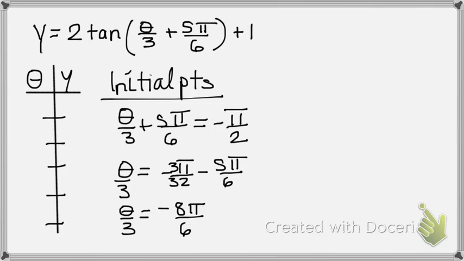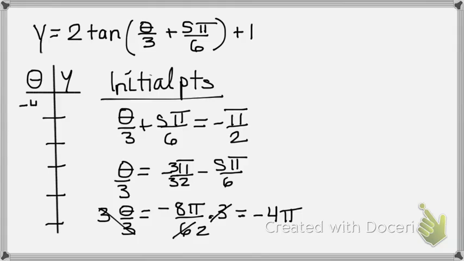I've got a negative 3 minus 5, that's minus 8. Okay? And then let's multiply the 3 to both sides. Oh, and look at that, 3 cancels with a 3 there. And then I've got negative 8 over 2, which is negative 4. So negative 4 pi is my initial point.